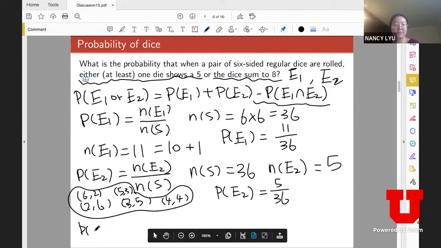I'm just going to write here, still using this formula.